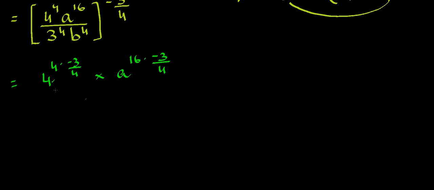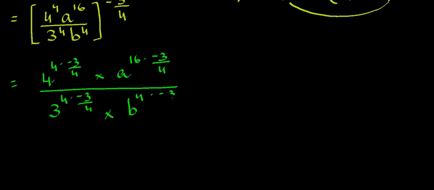Similarly, I will come over here, this whole thing upon 3 raised to 4 into minus 3 upon 4 into b raised to 4 into minus 3 upon 4. Now we can do our simplification. We say 4 and 4 got cut. 4 1 times, 4 4 times, 4 4 cut, 4 4 cut.